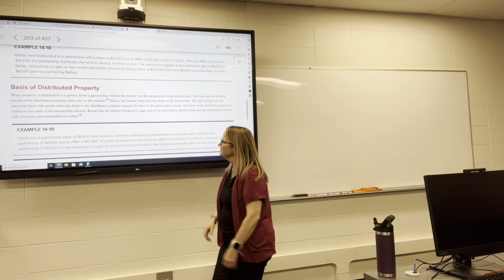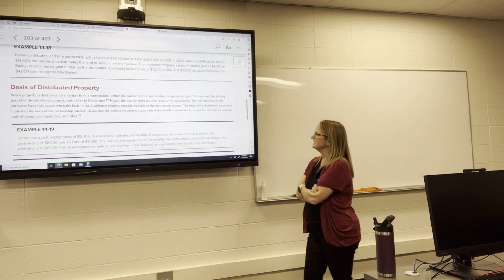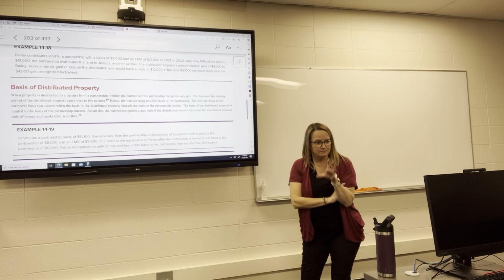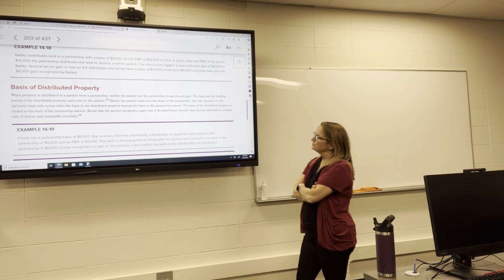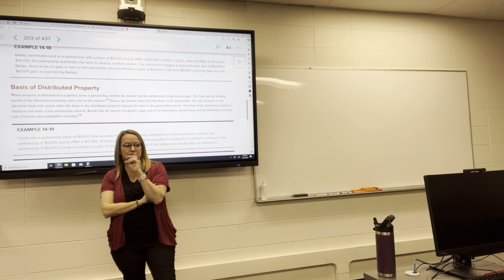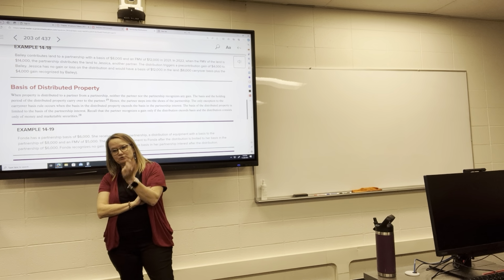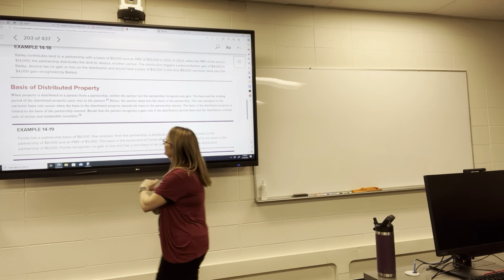When property is distributed to a partner, neither the partner nor the partnership will recognize any gain as long as there's basis, right? As long as that partner has basis. The basis and the holding period of the distributed property carry over to the partner. So just like when you contribute property, everything carries over. Same thing happens when you distribute.